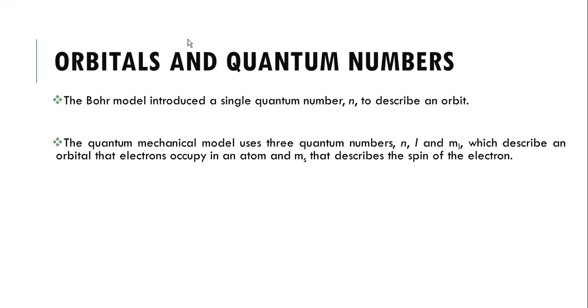So when you take the quantum mechanical model, the quantum numbers n, l, and ml describe the orbital, how electrons occupy in an atom.